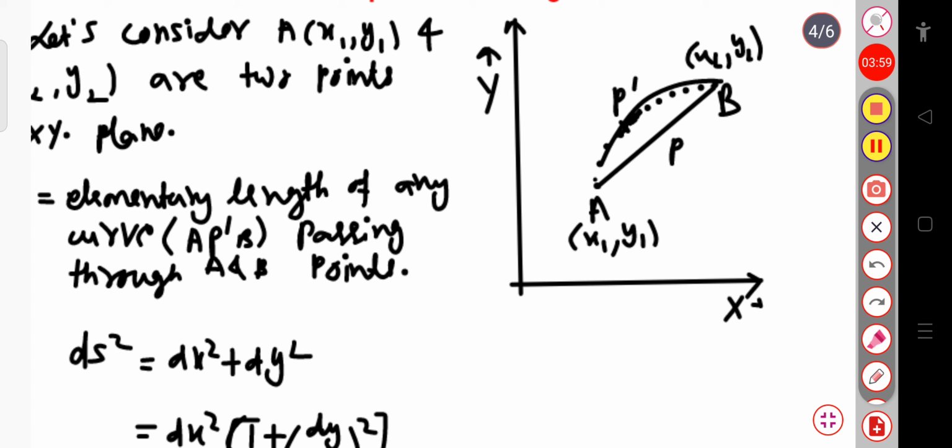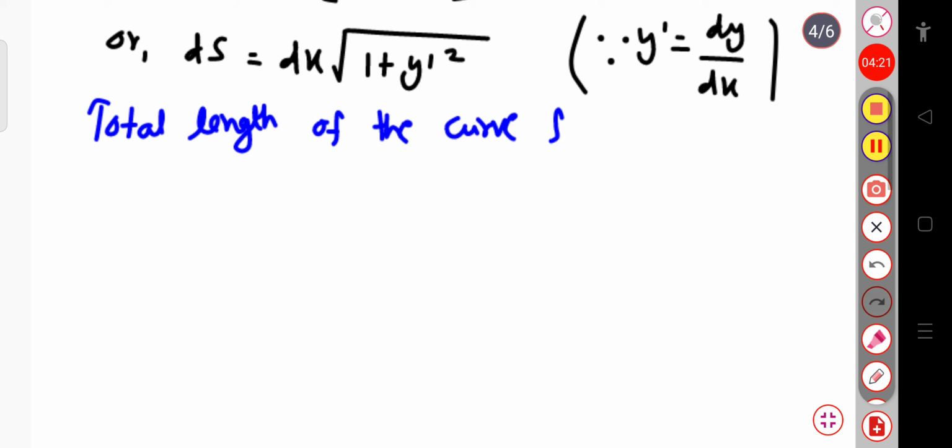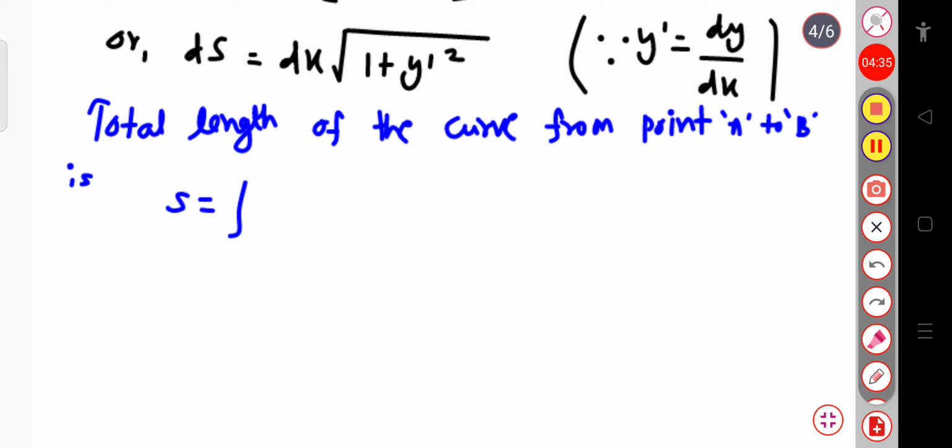So to calculate the total length, I simply have to integrate this from A to B. So now the total length of the curve from point A to B is, we can write, S equal to the integration from A to B of the square root of 1 plus y prime square into dx.